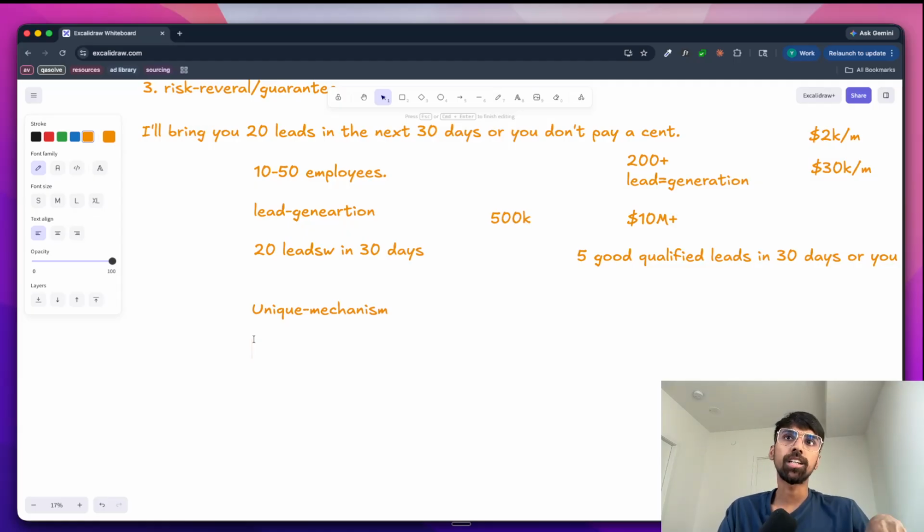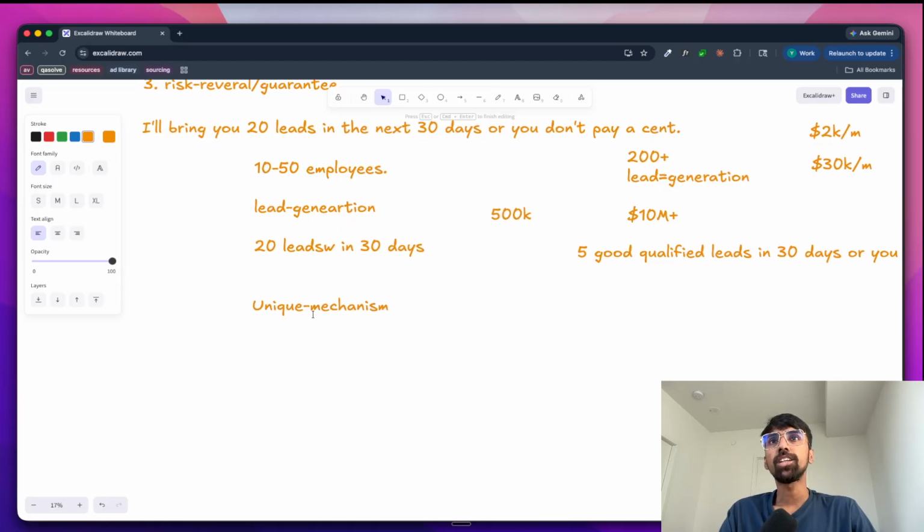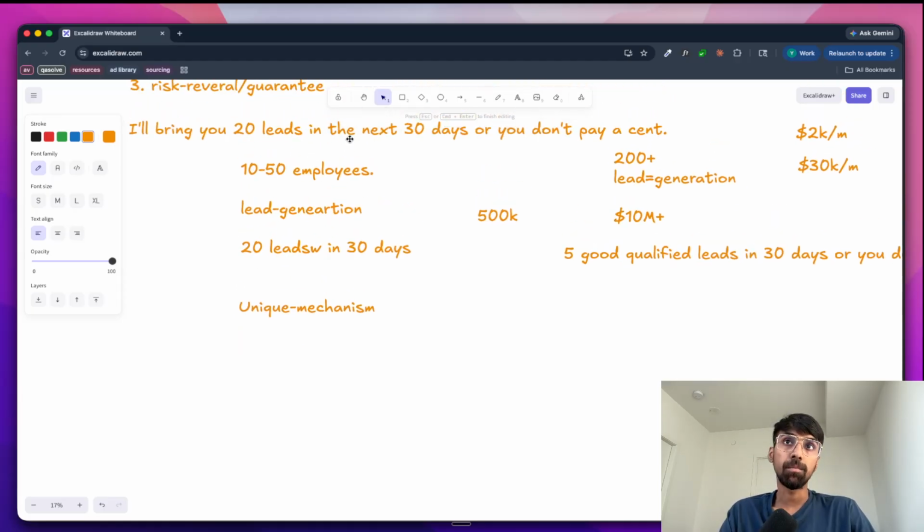You have to make sure that your offer is better than the other people's offer, and your copy and overall messaging is better than other people's. In order to do that, you probably need a unique mechanism attached to this good offer. Once you have your offer, you can have a unique mechanism attached.